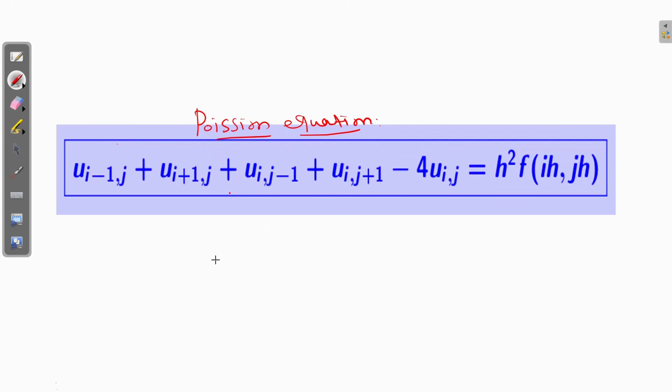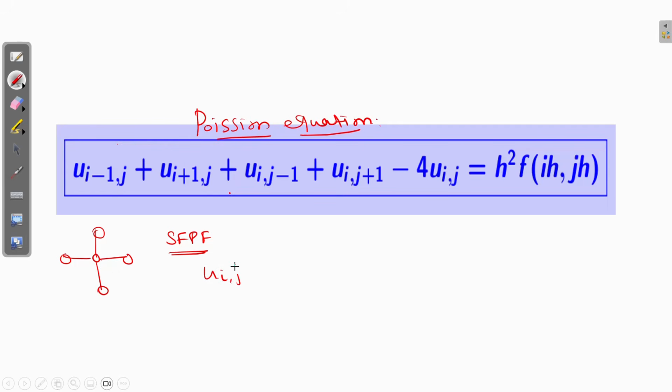How to remember this? Do you remember the standard 5-point formula, SFPF? If you want to find the middle value, it is the average of the right side value, left side value, bottom and top, those four values.